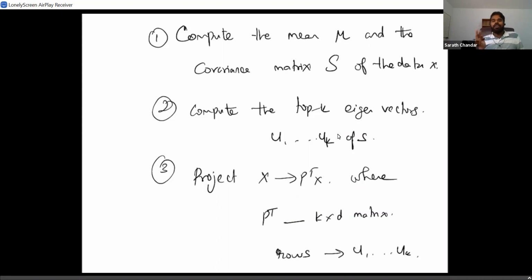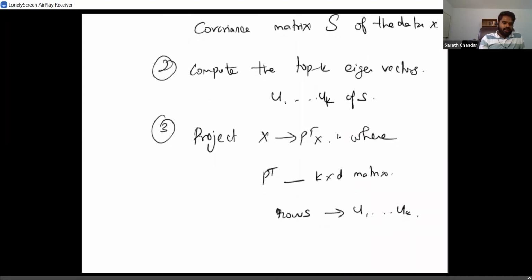You pick the top k eigenvectors, you put them together, that is your projection matrix. Now you can project your data into a low dimensional subspace. Okay, is that clear? I think that concludes PCA.